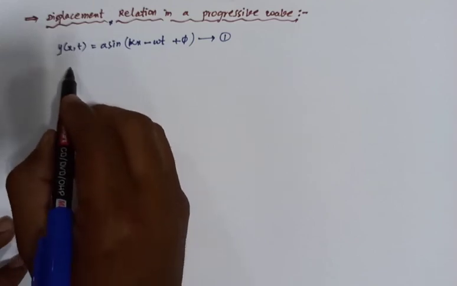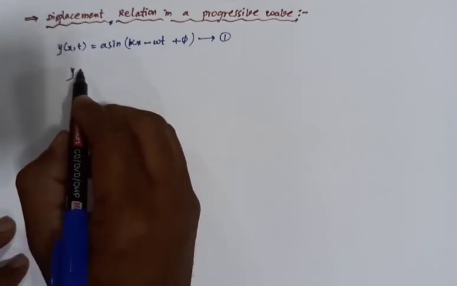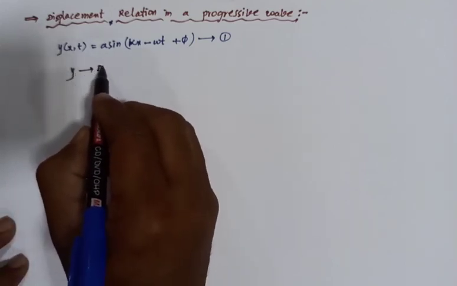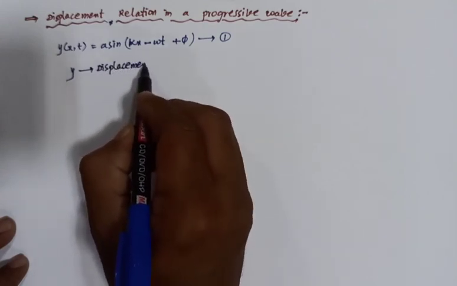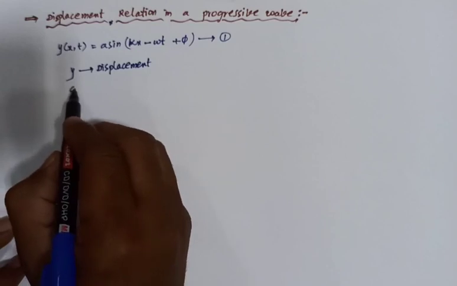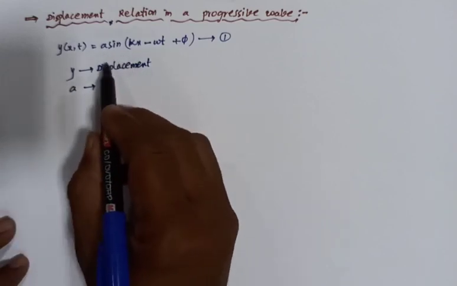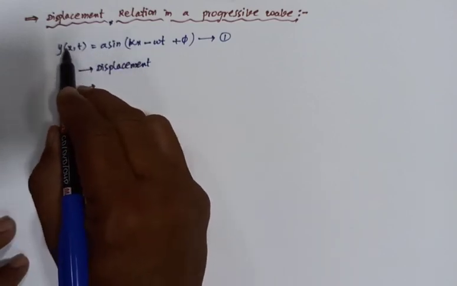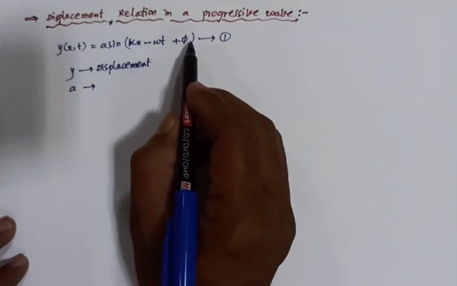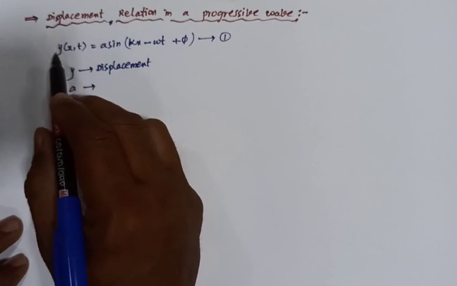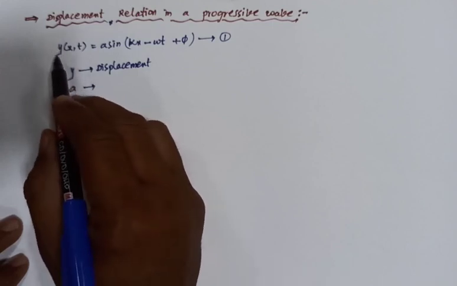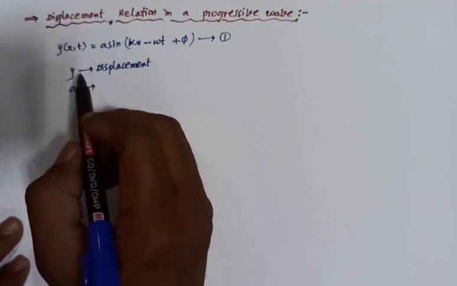So y is the displacement, at instant time t and along the x direction. y is the displacement of the vibrating particle.